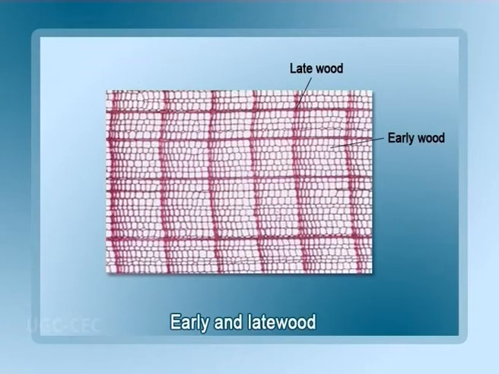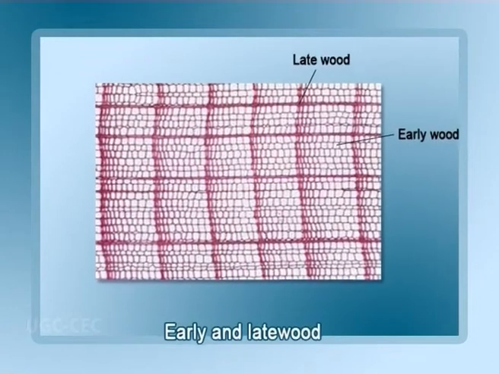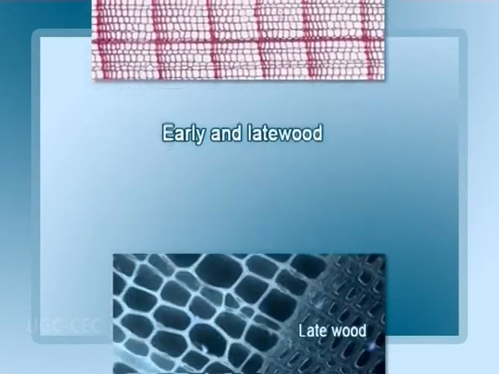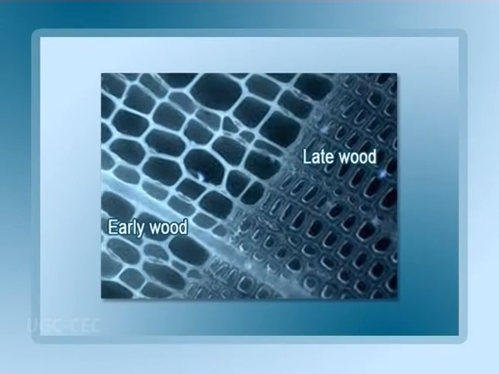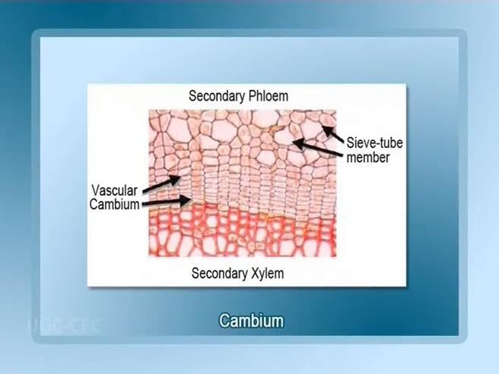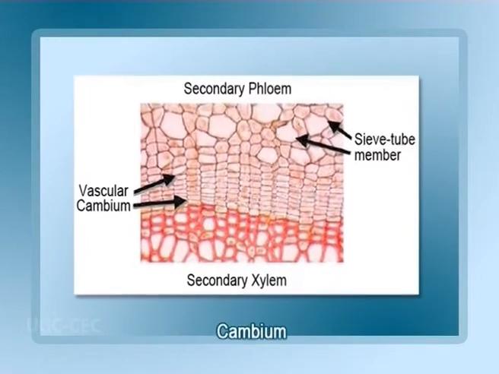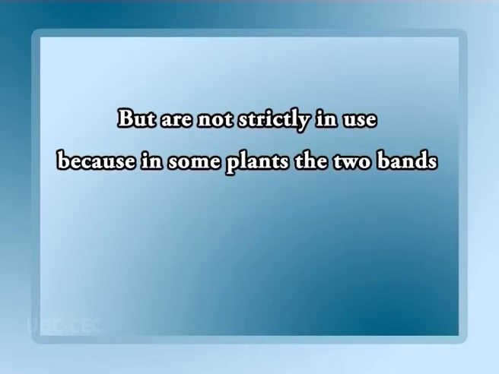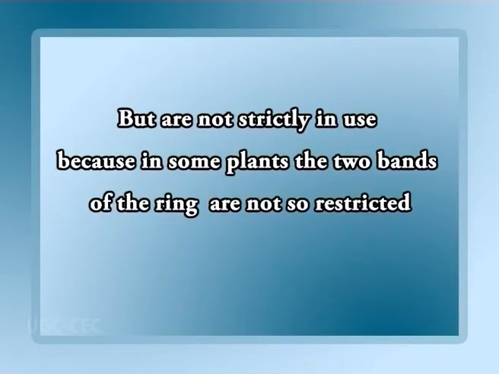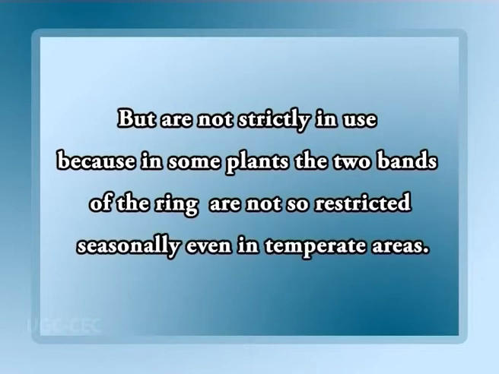Each growth ring is composed of two bands of cells, the early wood and the late wood. These are distinctly visible because of the seasonal differences in amount, shape, size, type and arrangement of the cells developing from the cambium. These are commonly known as spring wood and summer wood respectively, but these terms are not strictly in use because in some plants the two bands of rings are not so restricted seasonally, even in temperate areas.